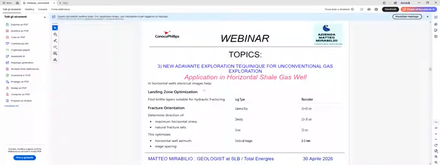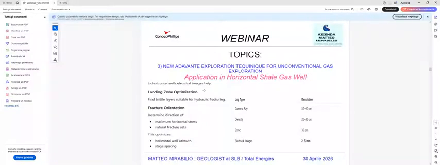The fracture orientation is much more important to determine, to understand and determine the maximum horizontal stress, the natural fracture set, the optimized horizontal well azimuth, and the stage spacing. So we have different log types, gamma ray. We are making a comparison of techniques that are used today and new techniques that we have improved for ConocoPhillips.